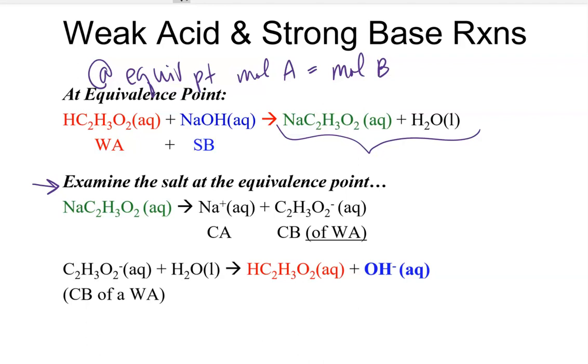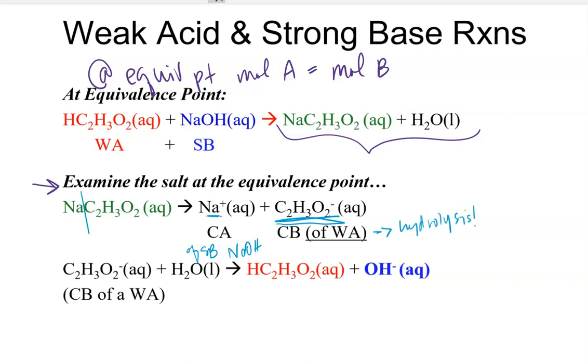And so we look at the salt and we notice, what does it split into? It splits into sodium, the conjugate acid of the strong base, sodium hydroxide. So sodium won't impact the pH, but the acetate ion is the conjugate base of a weak acid, so it will undergo hydrolysis.